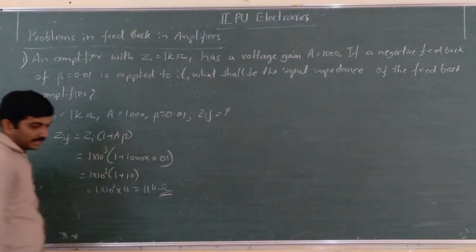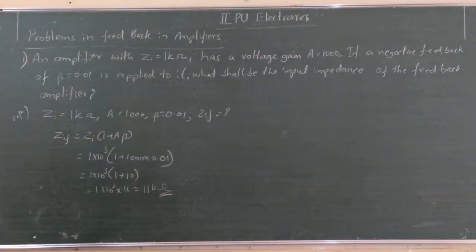So the answer is 11 kilo ohm, a very simple problem. Input impedance increases and output impedance decreases. Here the input impedance is increased to 11 kilo ohm. Okay.